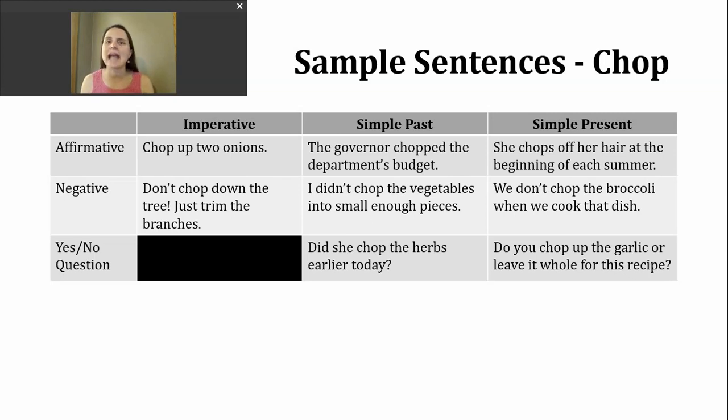Again, describing a habit or a routine. Finally, if we want to make a question in the simple present, we're going to start with do or does, then our subject, and then the base verb. Do you chop up the garlic or leave it whole for this recipe?